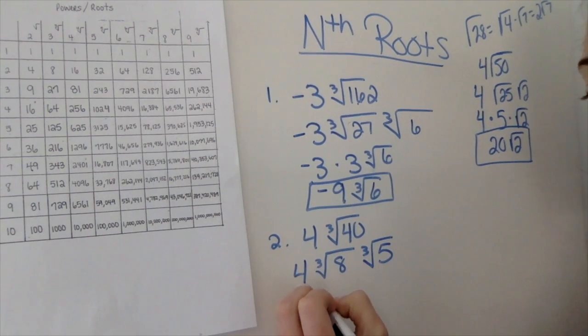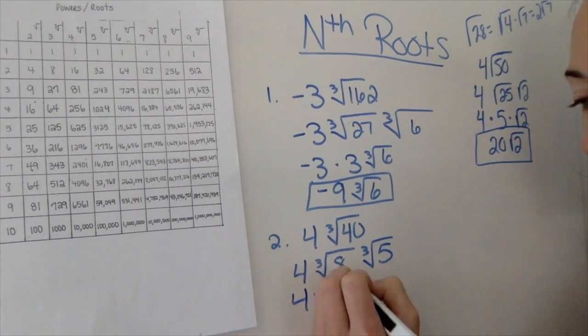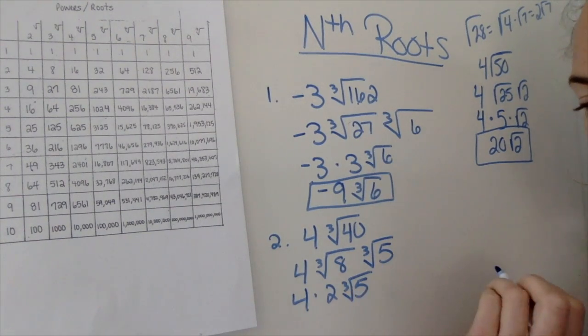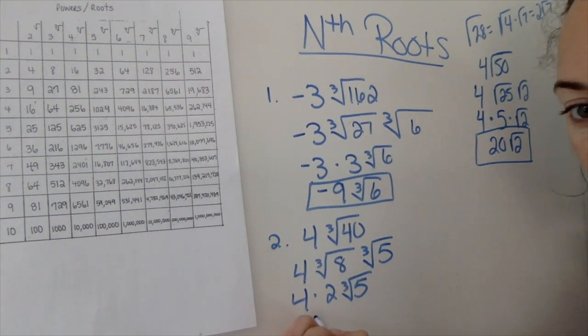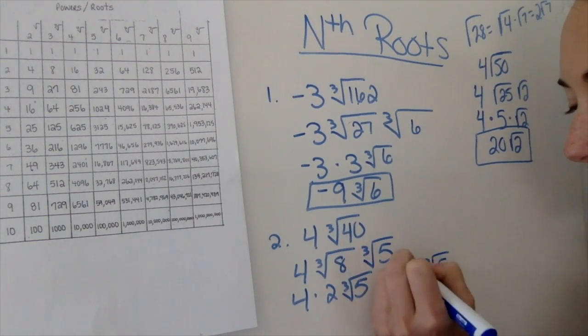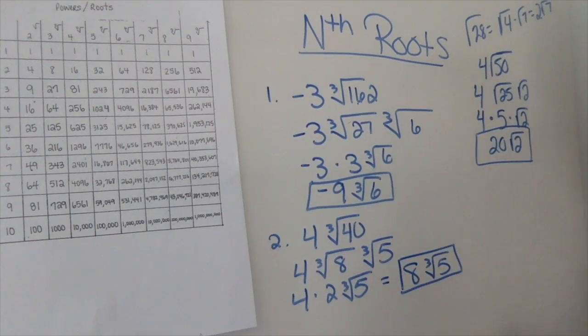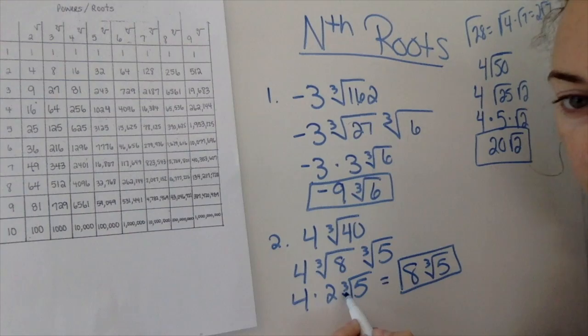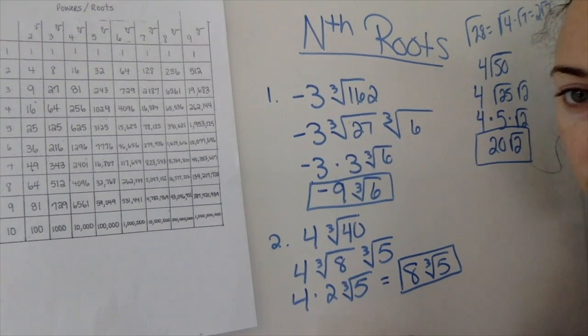Cube root of 8 is 2. Final answer, 8 cube root of 5. Okay, make sure you're nice and neat because as you're working, you don't want to be multiplying by this 3 or something. That's the index.